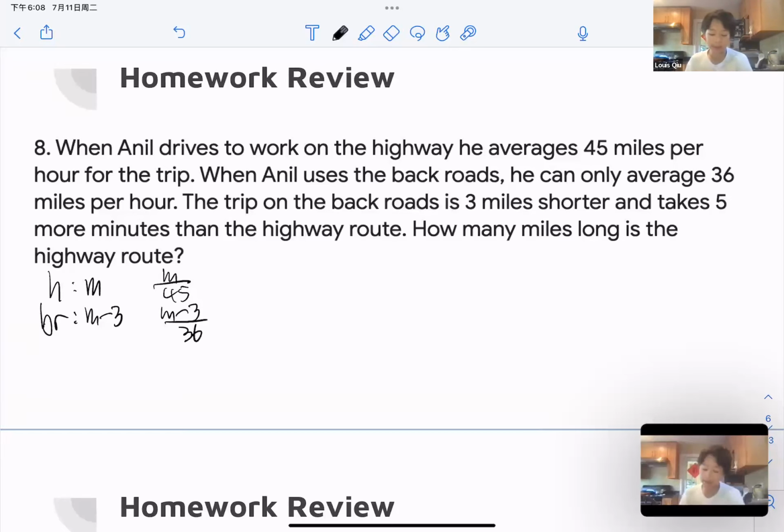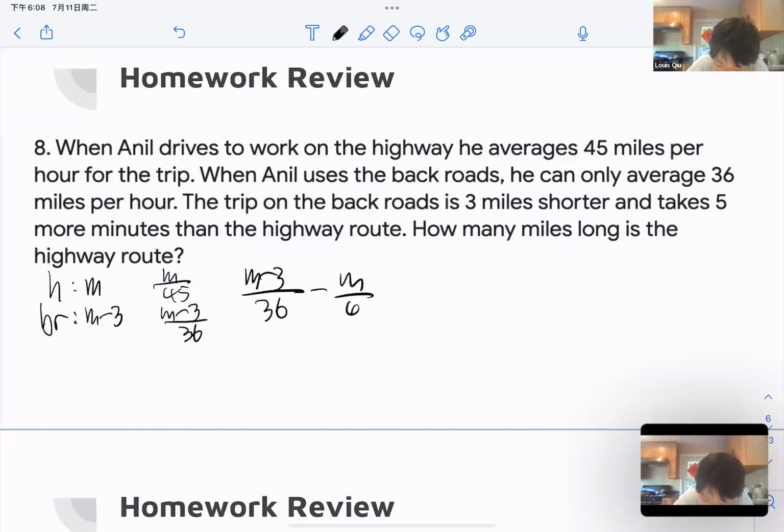Since the back roads take 5 minutes more than the highway route, we get that m minus 3 over 36 minus m over 45 equals, I think it should equal 1 over 12.